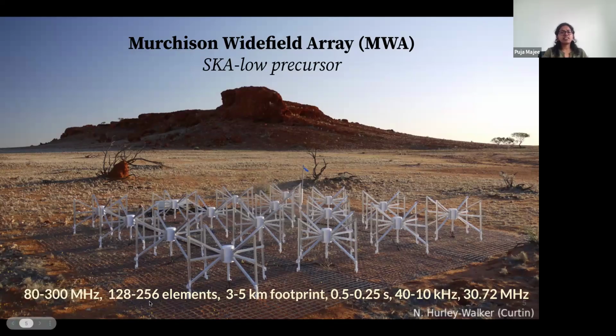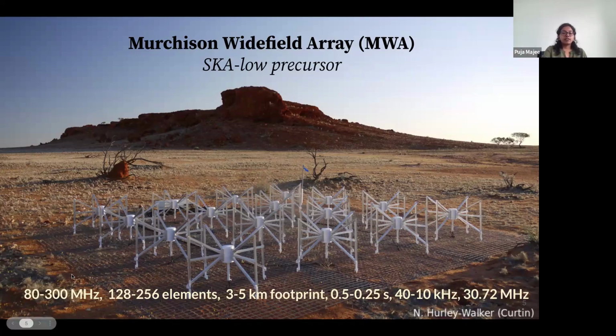There are different phases of MWA. Currently there are 256 elements, and when I say element, I mean one tile, located within a footprint of 5 kilometers. Currently it can generate 0.25 second resolution data, and it can go up to 10 kilohertz.